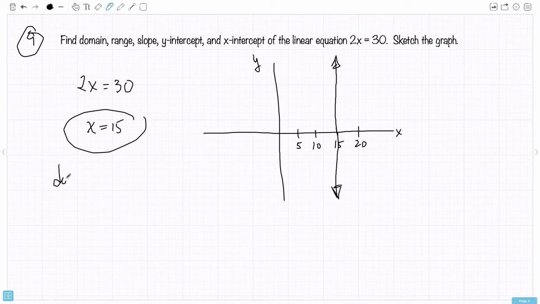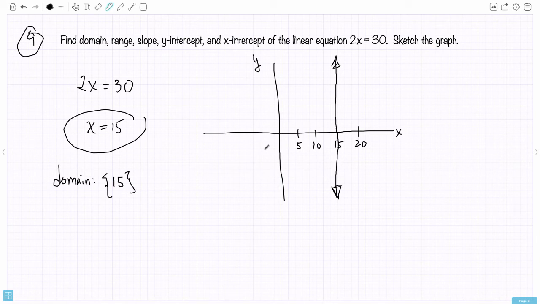The domain, you could sort of give two answers here. In one sense, you could just say it's not even a function, so it doesn't have a domain. Another possibility is you could just say the only x value is this 15.